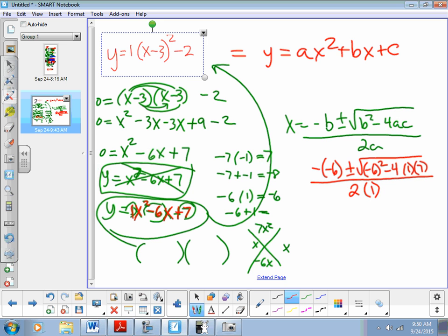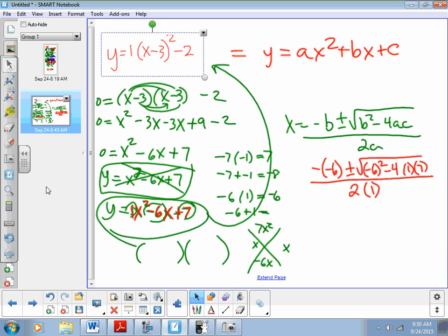Alright. So what I just did is I looked at the problem and I said, I honestly don't feel that there's two numbers that multiply to give you 7 and add to give you negative 6. I tried a couple of options.